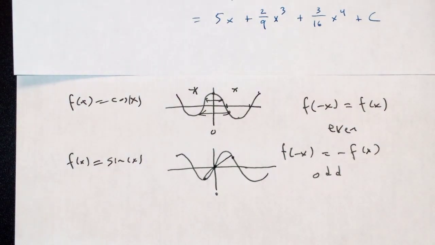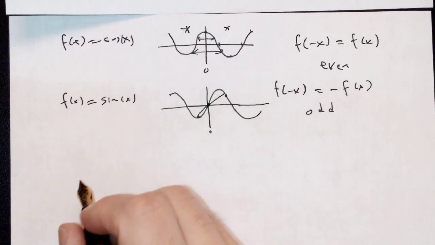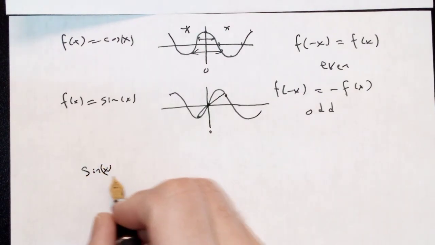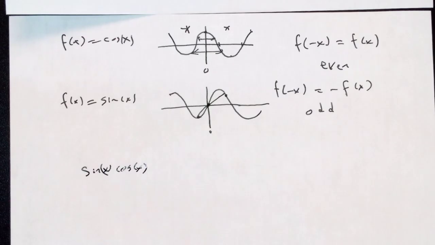The rules now work for multiplying odds and evens. If you take an even thing times an odd thing, what do you get? Even times odd, 2 times 5. I think numbers should be even, right? But sine of x times cosine of x.